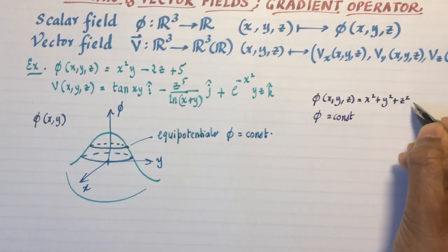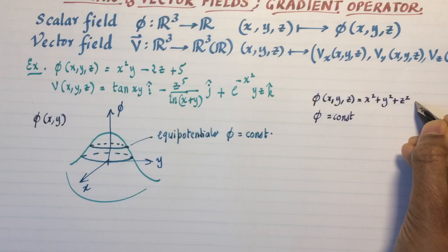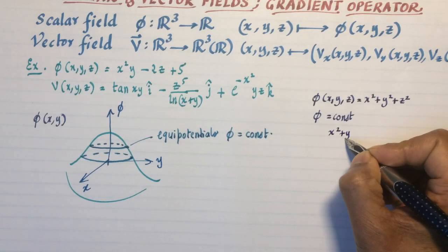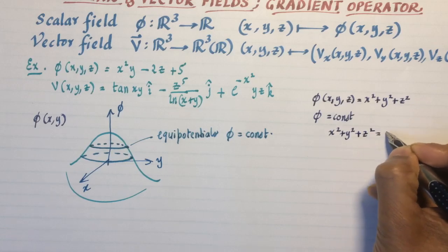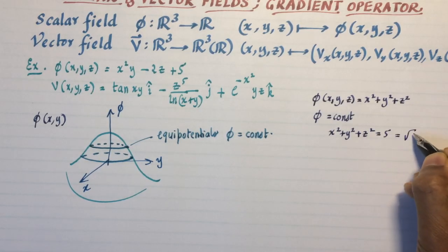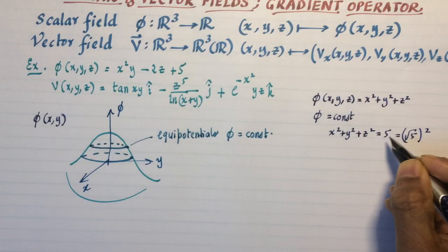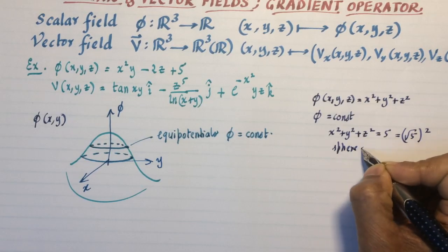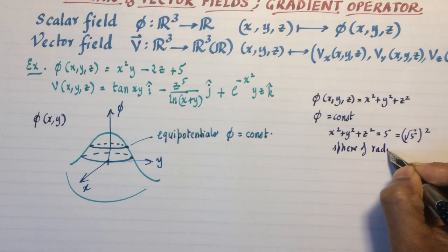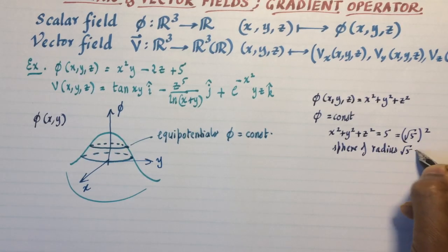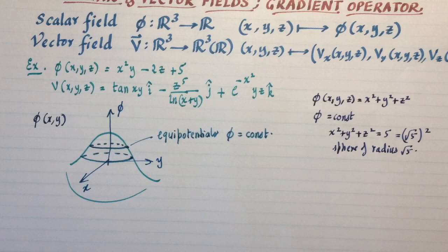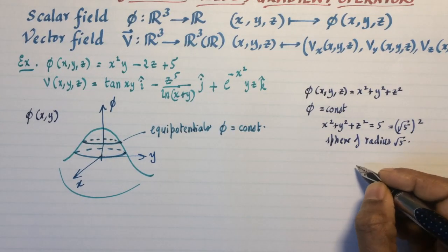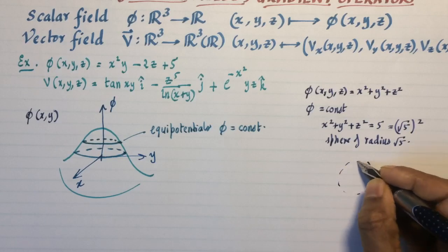If I put constant values for this, I'm going to get the equations of spheres. For example, x squared plus y squared plus z squared equal to 5. Well, 5 can be written as root 5 squared, so that's actually a sphere of radius root 5. If I put a different radius, I'll get a bigger sphere or a smaller sphere. So these spheres can be thought of as equipotentials.